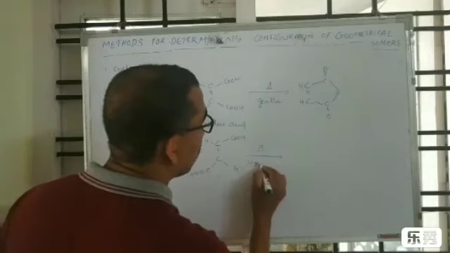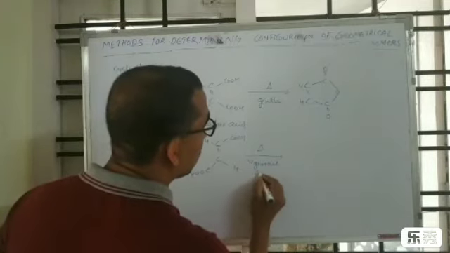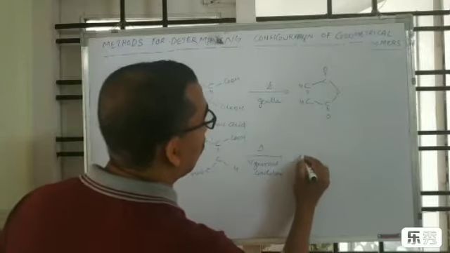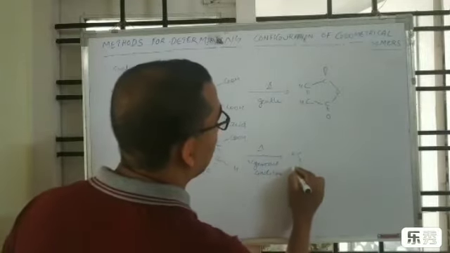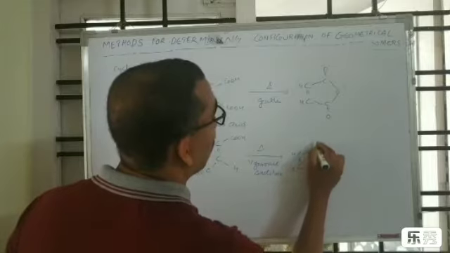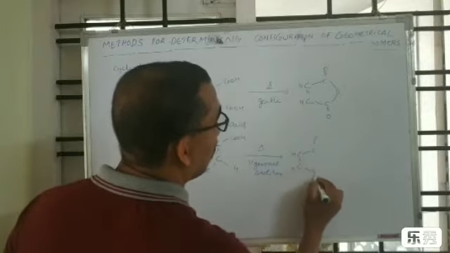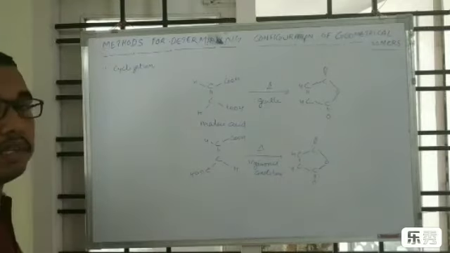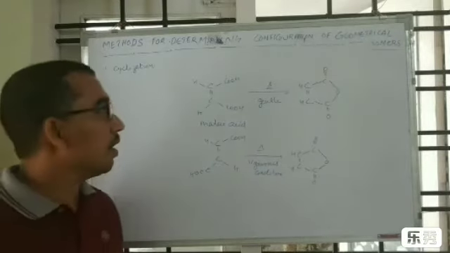Vigorous conditions are required for converting it into its anhydride because the reacting groups are not closer to each other in trans isomer.